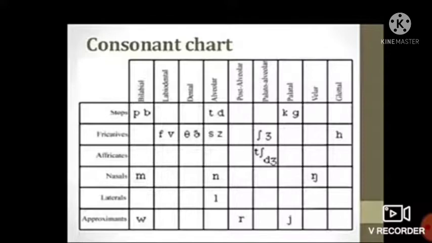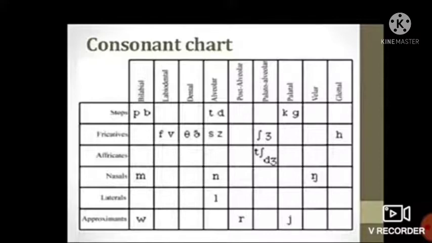Then fricatives, f is a voiceless labiodental fricative, v is a voiced labiodental fricative. Th is a voiceless dental fricative. The is a voiced dental fricative. Then s is a voiceless alveolar fricative.